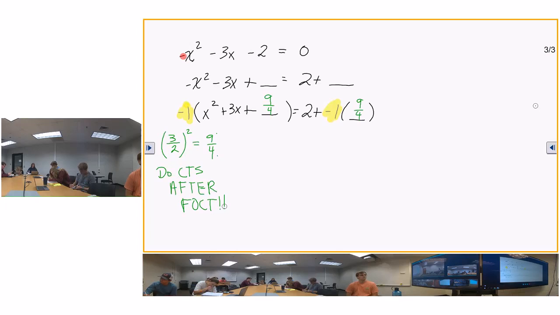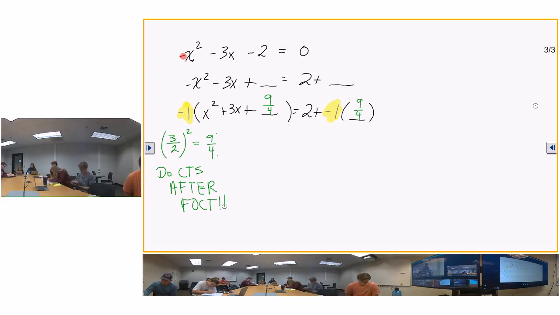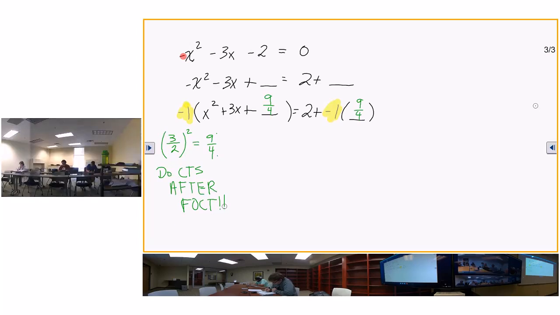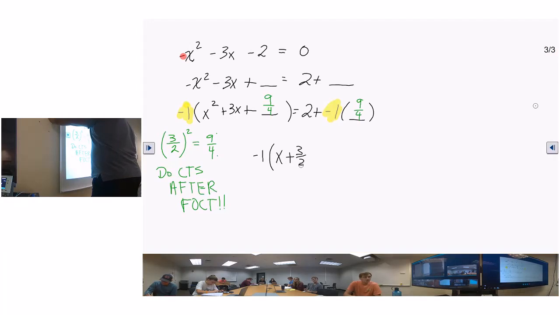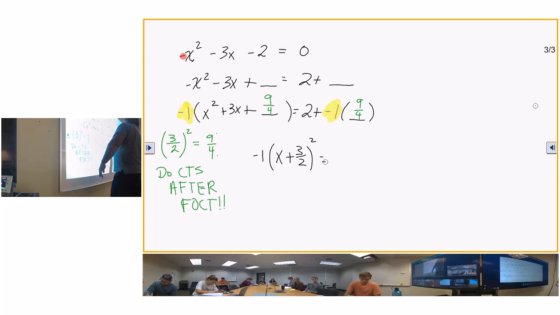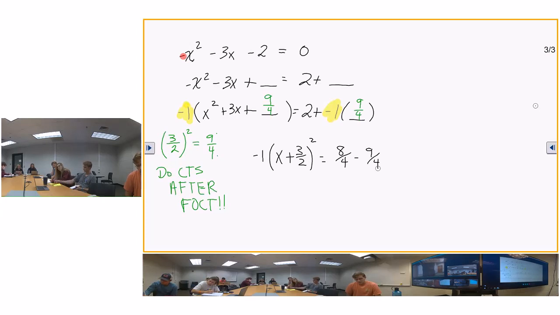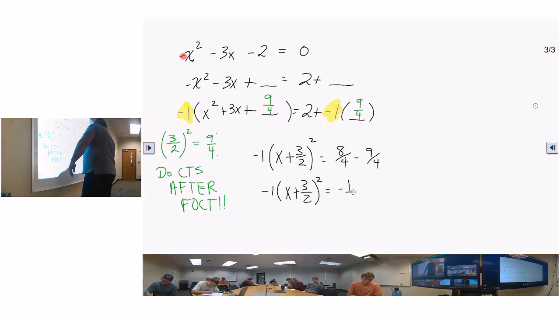What is FOCT? Factor out a common term. So that's going to give us -1 times, shortcut number 1, x plus 3/2 quantity squared is equal to 8/4 minus 9/4. -1 times x plus 3/2 quantity squared is equal to -1/4.